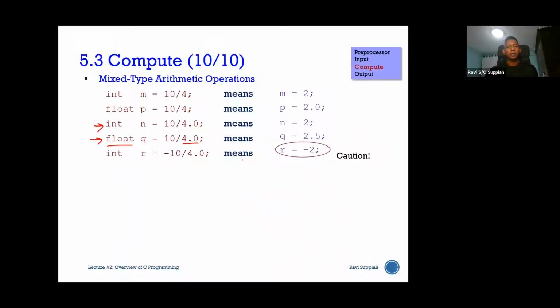The last one here, negative 10 divided by 4.0. Again, it is similar to what we saw just now: integer divided by float. The answer is float, but because you are assigning it to an integer, your final answer is also truncated.